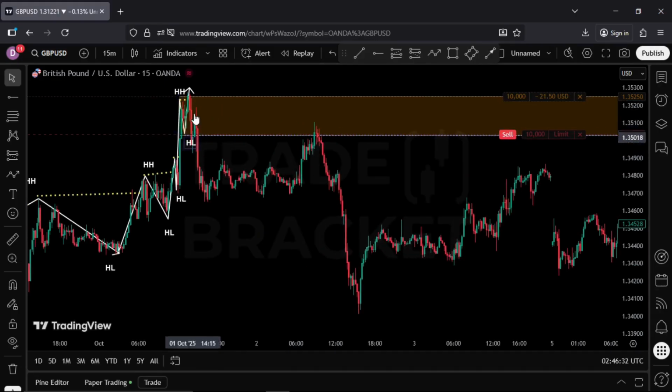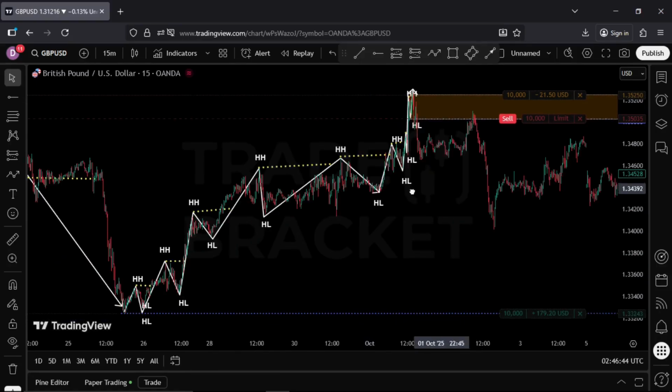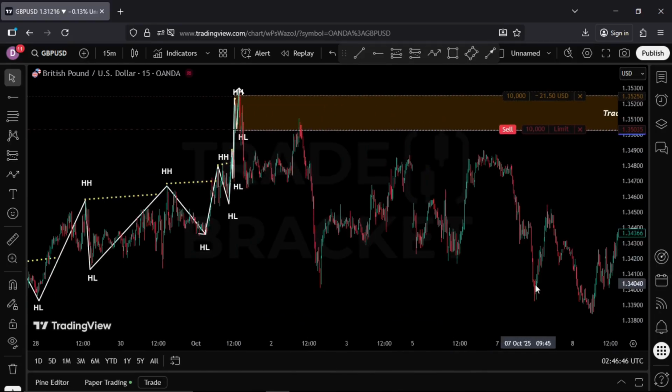Price already broke the last higher low, and it already pulled back in your trade bracket. So you just draw your trade bracket and take this trade manually. Now let's say after 5 hours, you open your chart and price was right here. You will go ahead and draw your trade bracket, and then place your pending order and hope for price to come back.